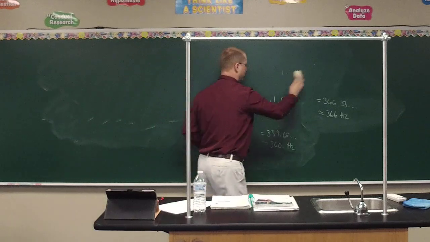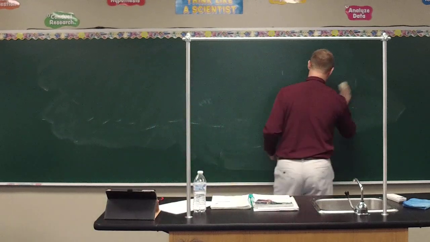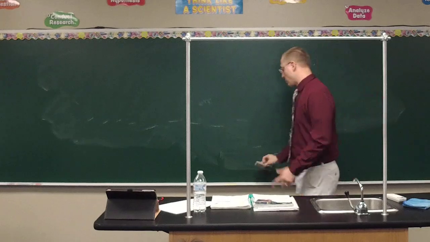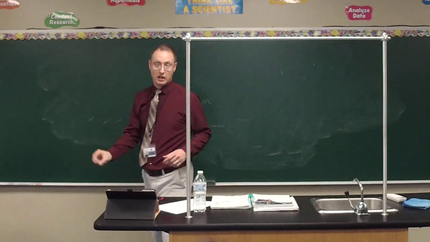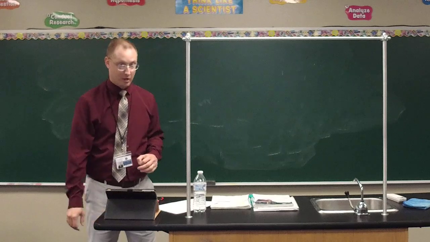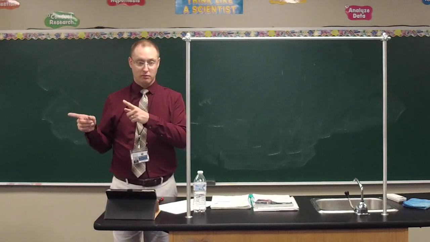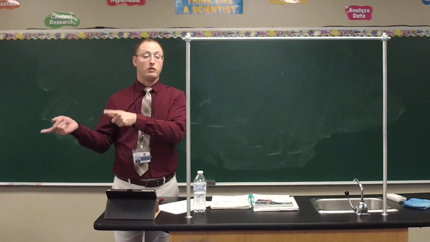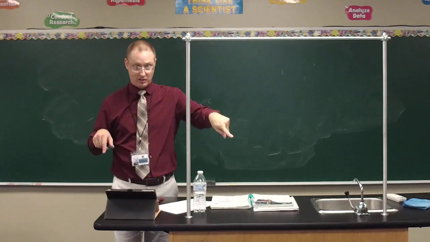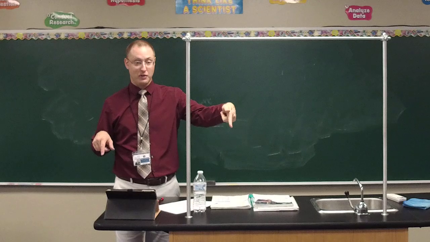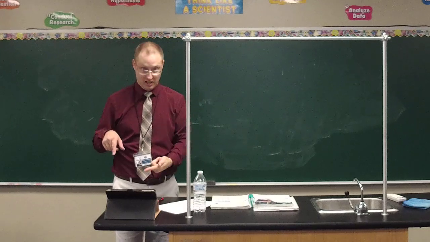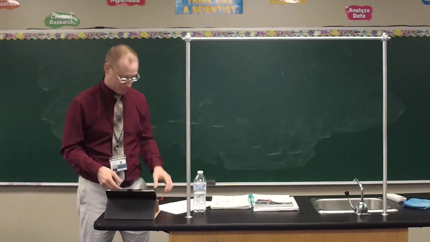Do we have an equation that relates loudness at different distances? No. We have an equation that relates what with different distances, class? Intensity. So we have to first convert loudness to intensity. They give us loudness. We have to convert to intensity to find a new intensity. And once we have the new intensity, we have to convert that back into loudness again. All right, so it's one of those 3-part problems.